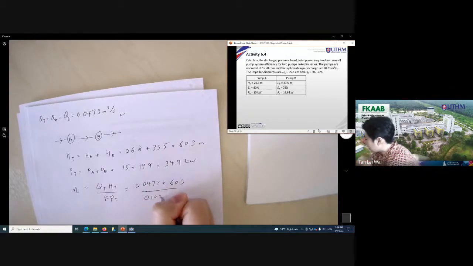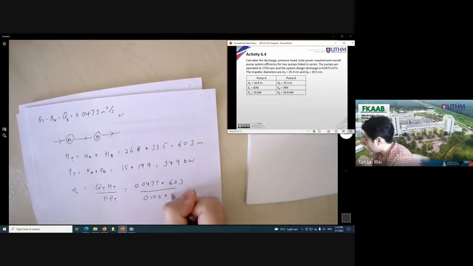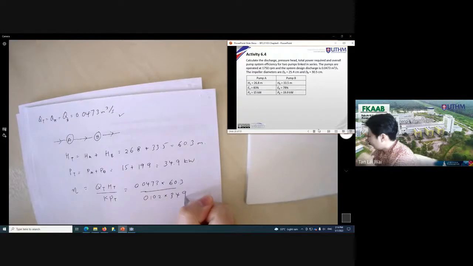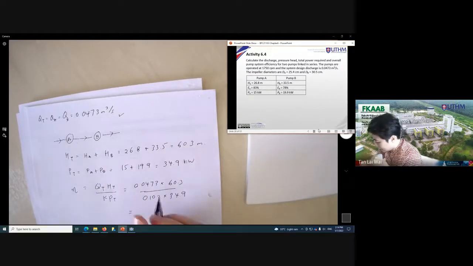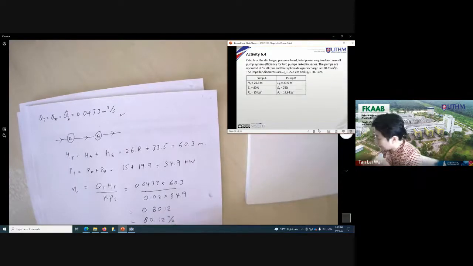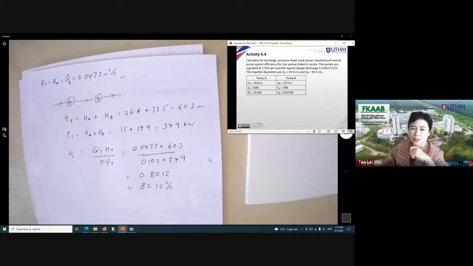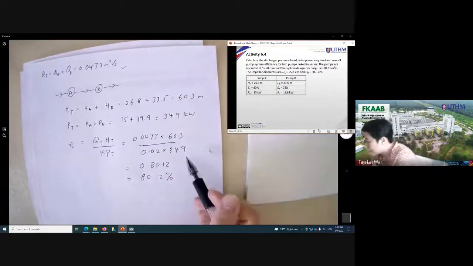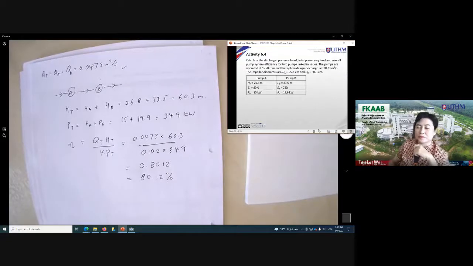Help me check my answer, just in case I have miscalculated. This will give me 0.8012, which is also 80.12%. Help me check whether it's correct or not. Correct, Doctor.